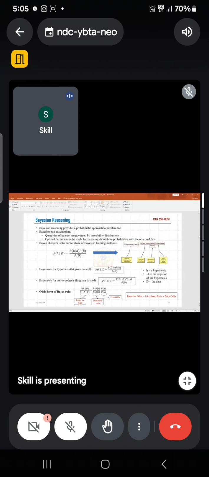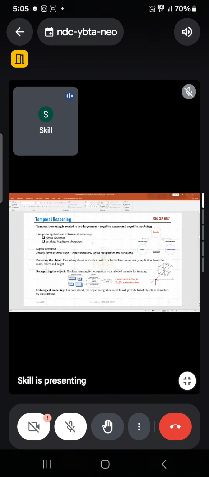Okay, so after this we will see temporal reasoning. So what is temporal reasoning? It is mainly related to two large areas, cognitive science and cognitive psychology.